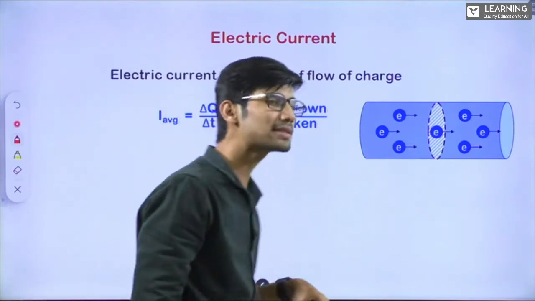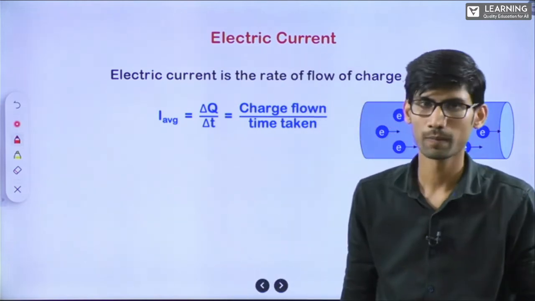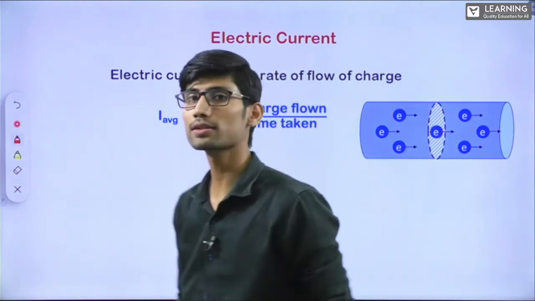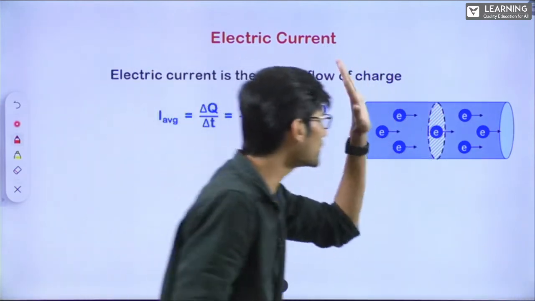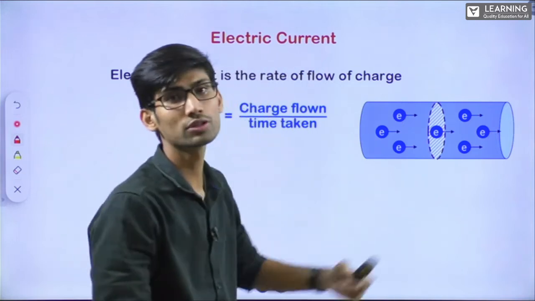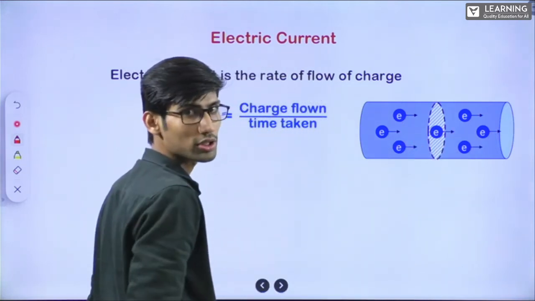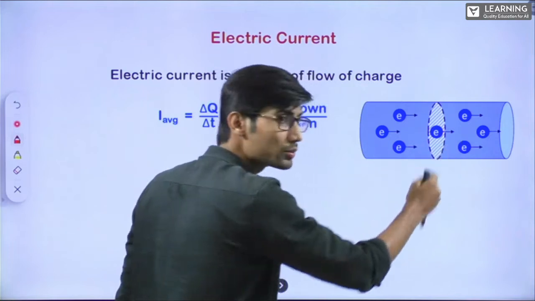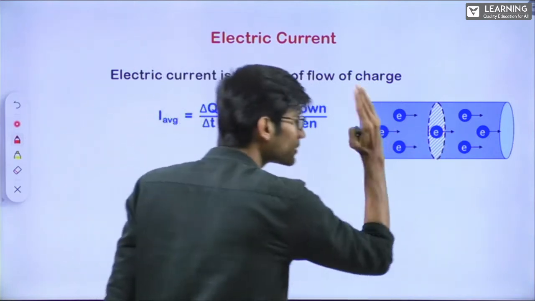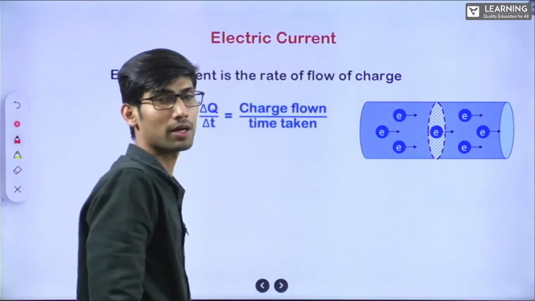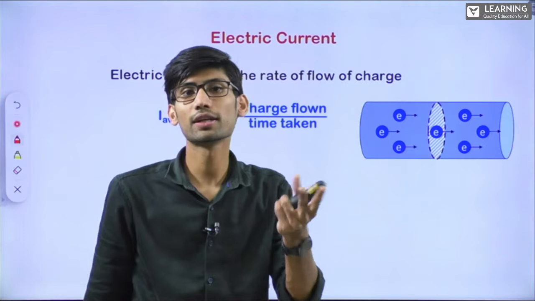Now this is average current. If I want to ask instantaneous current, instantaneous means at this very instant, how many electrons, how much charge passed. On an average, let's say in 2 minutes, how much charge passed we can tell. In 1 minute, how much charge passed we can tell. In this particular instant, how much charge passed, that is instantaneous current.